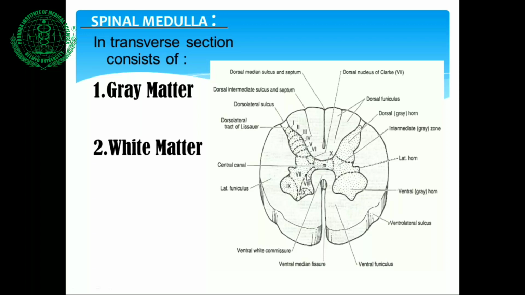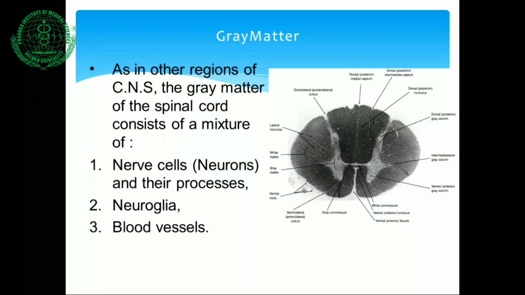In the central part of the grey matter there is a smaller rounded central canal. The amount of grey matter is maximum in the thoracic and lumbar regions of the spinal cord.